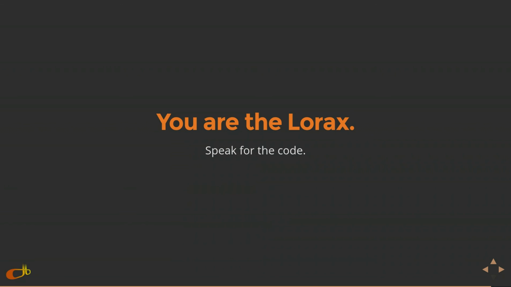She introduced the great analogy of the Lorax. In the story, the environment is being polluted and devastated, and one of the things the Lorax says is that the trees have no tongues. The code also does not have a voice. The code can't complain about itself.